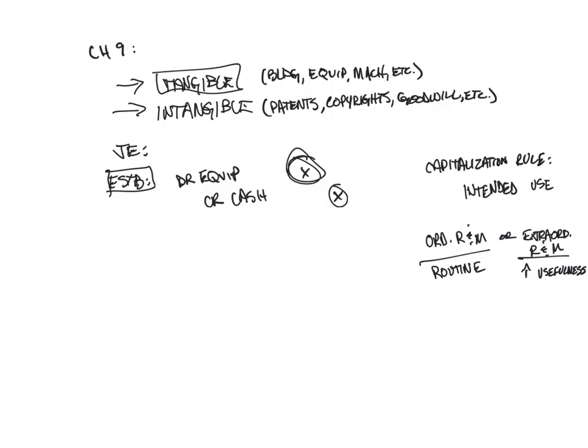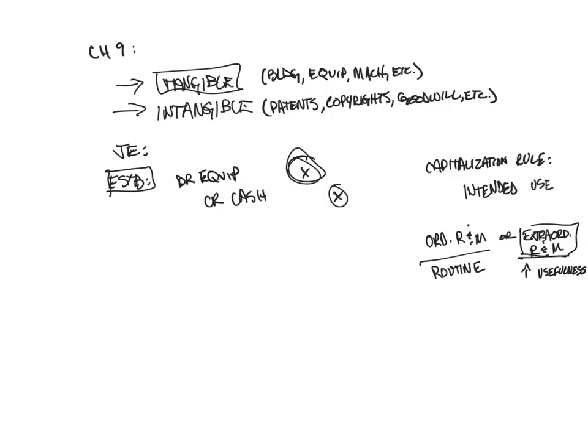To give you an example, let's say that you had a building and a rock went through a window. Replacing that window would be an ordinary repair maintenance. But let's say instead you replaced all the windows in the building with energy efficient windows. Well, in that instance, since that enhances the efficiency of the asset, that would be considered an extraordinary repair and maintenance.